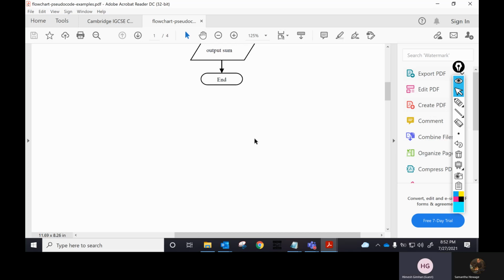Sir, after inputting the two numbers, should I write then or just continue to the sum? No, then is also good. You can use then, right? Okay, sir. That is fine.